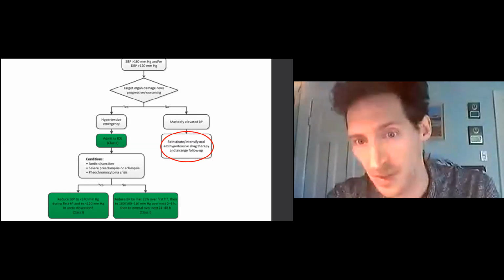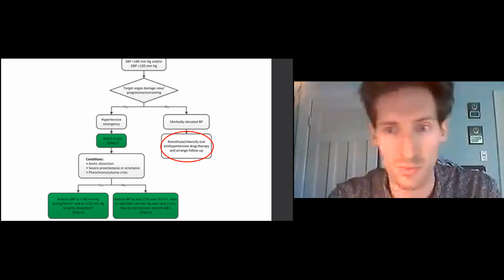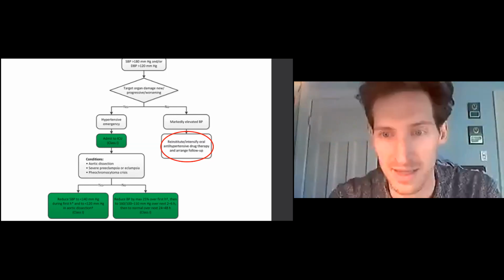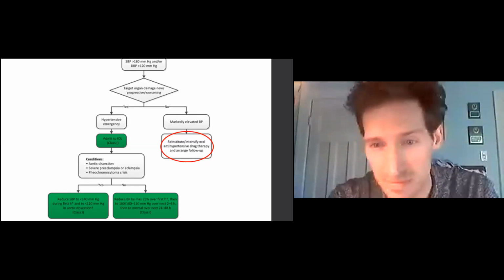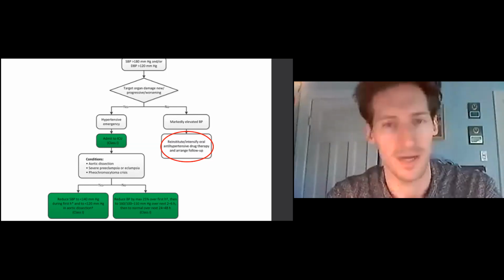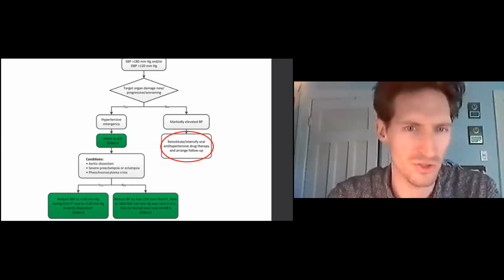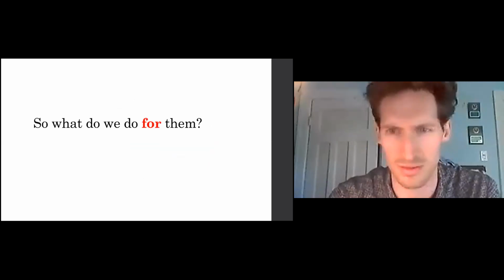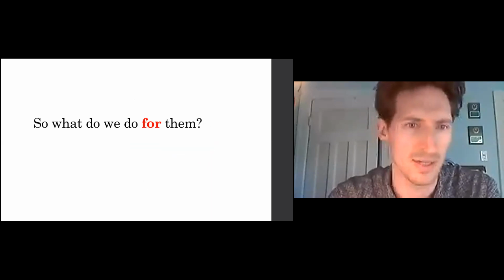Do we do routine testing or not? The routine testing identified abnormalities in about 6% of those patients, and none of these abnormalities were directly linked to hypertension. So there's no point really. So no testing.